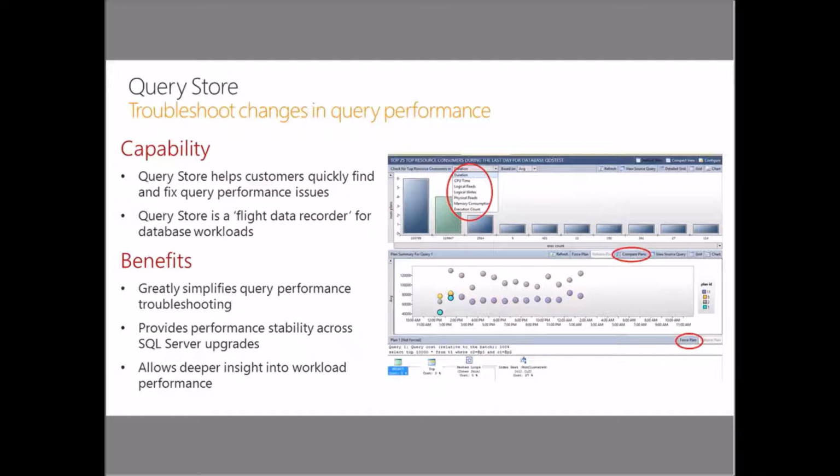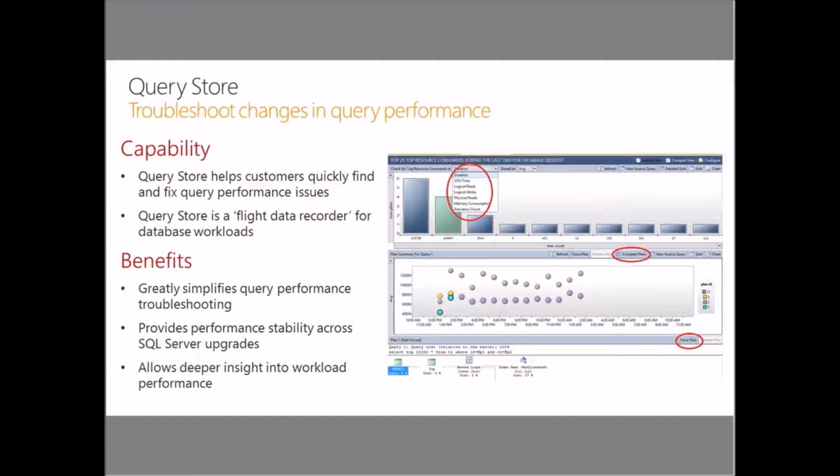For one reason or another, there was a better plan available, but it went with a worse one instead, maybe because of a parameter change or a statistics change, or there's been a change in the indexing, and that affected its decision in choosing the optimum execution plan. And that usually took a lot of time to investigate all that and to use all these queries to finally get a clear picture of why.